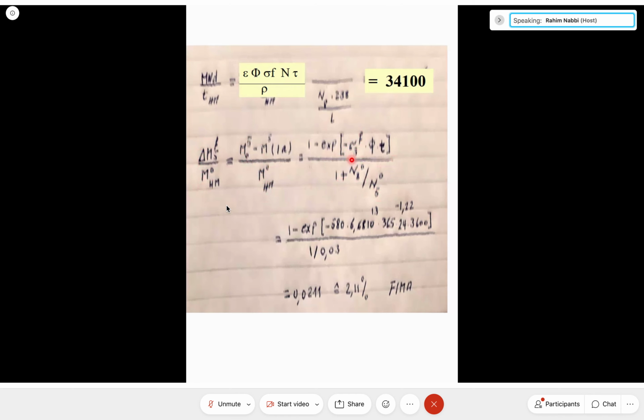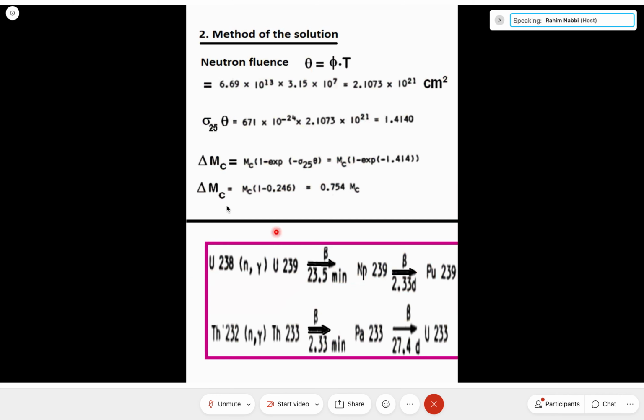Now, if you put for the sigma value here, fission, please pay attention, 580. In the previous case, you remember, sigma was 671 because this is the total, fission plus capture.